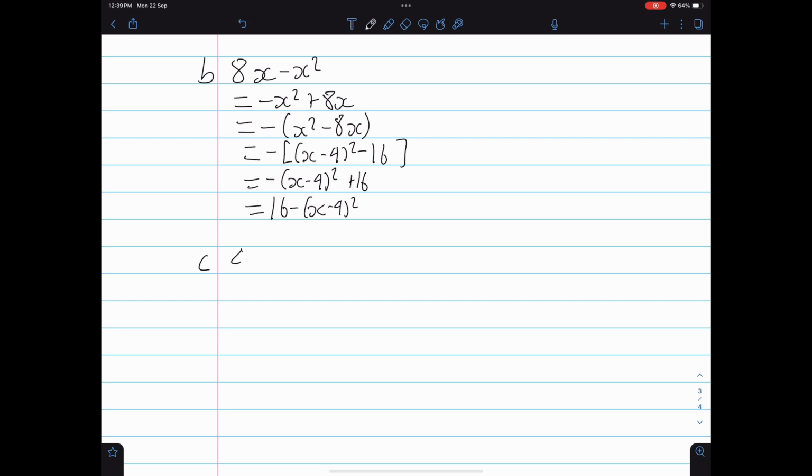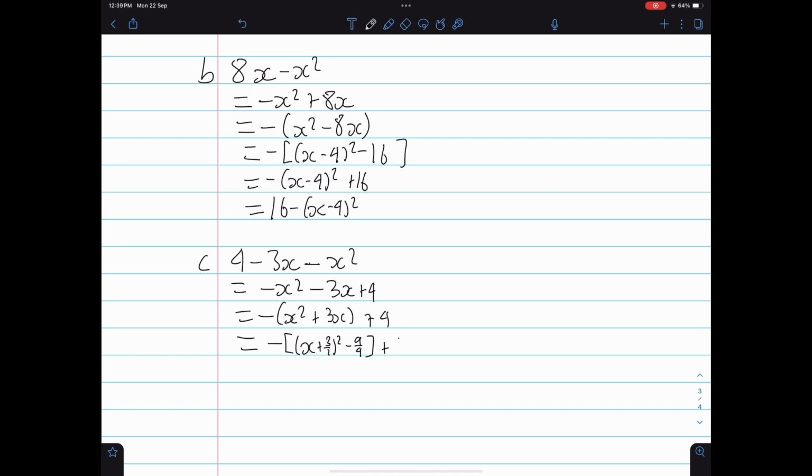Now we have this example. And this is equal if we rearrange it and factor it out. Complete the square. Square that and take it away.